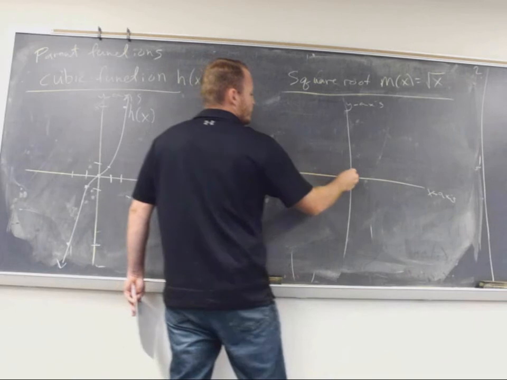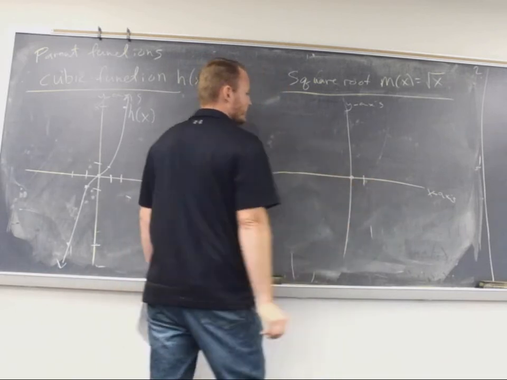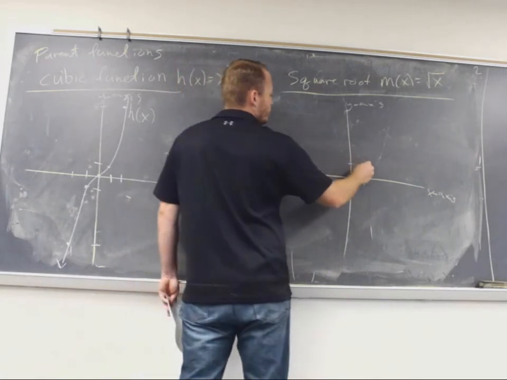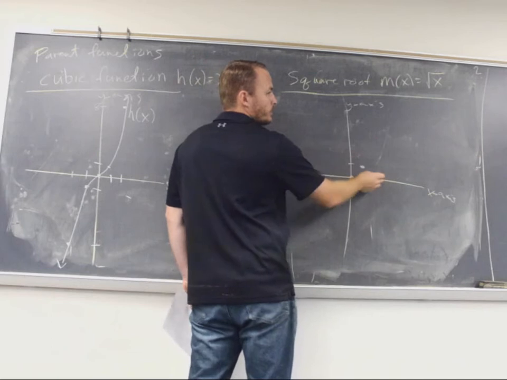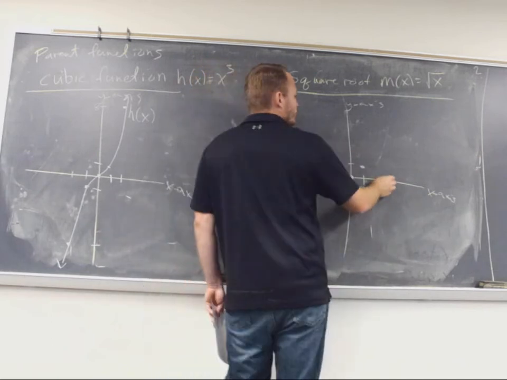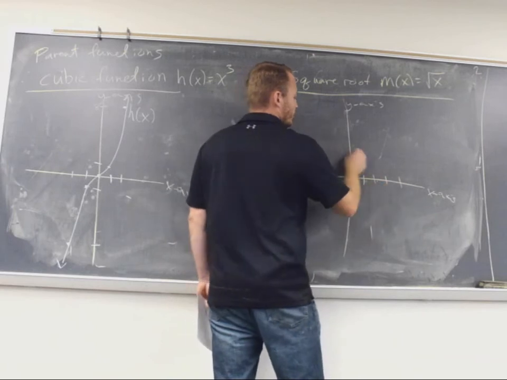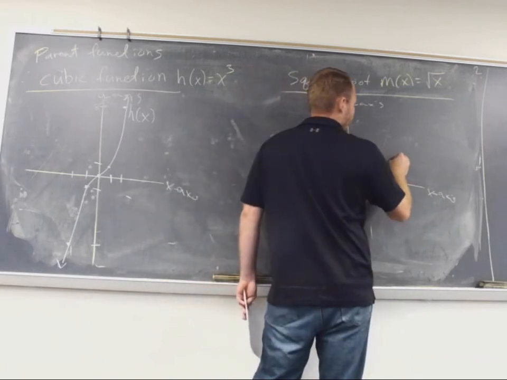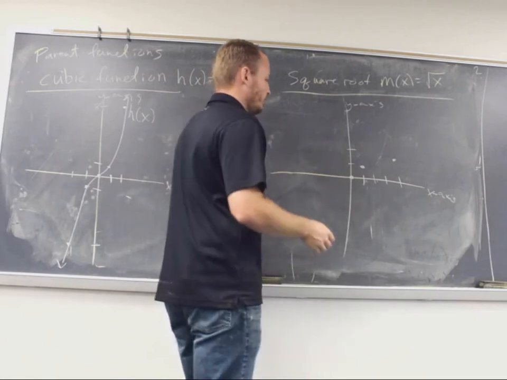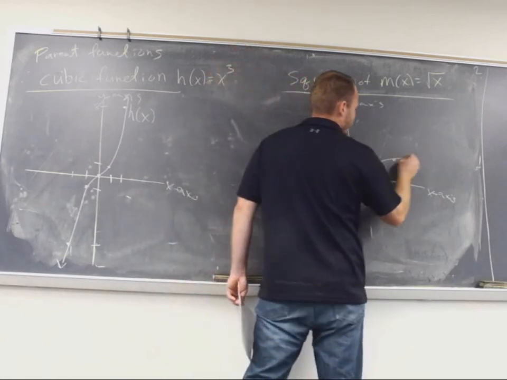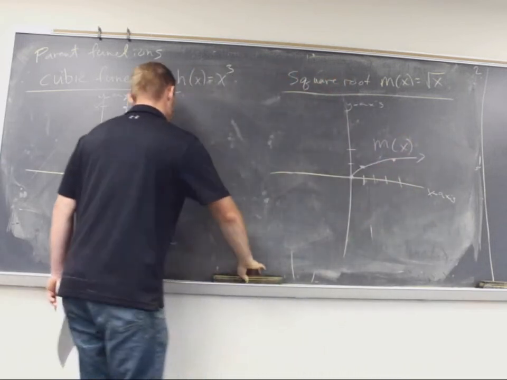Then x equals 0 gives me the square root of 0, which is 0. x equals 1, the square root of 1 is 1. The square root of 2 is some decimal. The square root of 3 is some decimal. The square root of 4 gives me 2 though. And then the next one would be 9 and 16 and 25 and so on. We're just going to stop there. That gives me m of x.